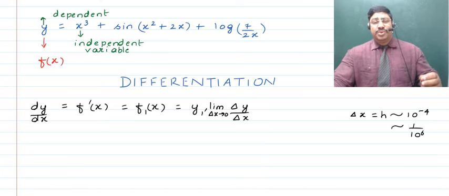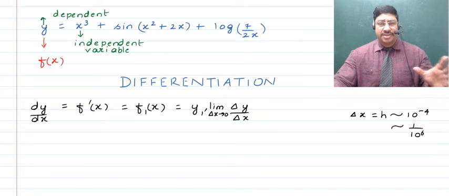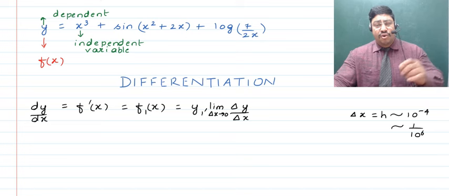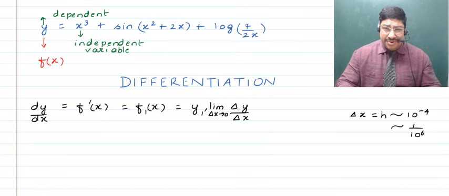So it is pretty small, and as the need be, this can be taken to be even smaller. Normally the value of h is pretty small in accordance with the things we deal with, and thus it is 1 upon 10 to the power 4, or 1 upon 10,000, or 0.0001, right?